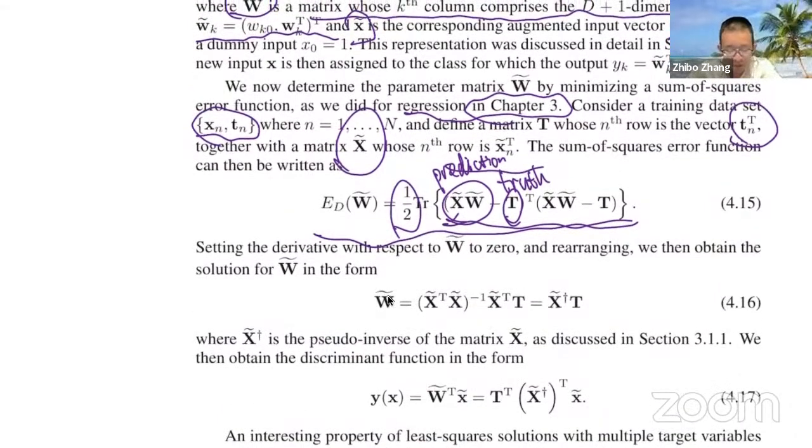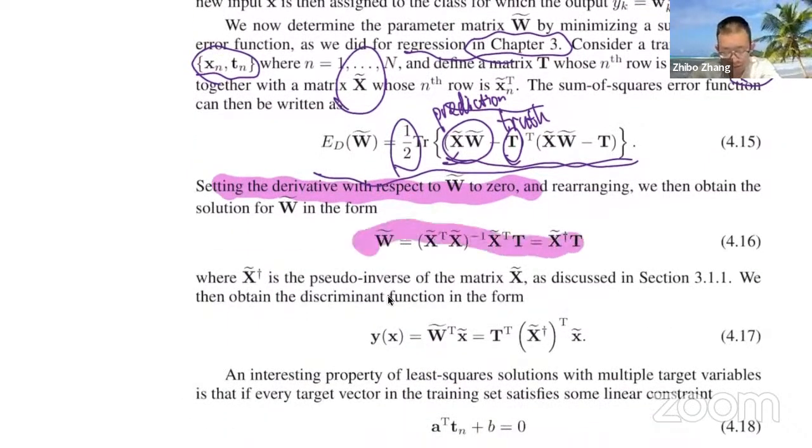So setting the derivative with respect to W to 0, normally we just do this in order to calculate the optimum, the minimum, right? And rearranging, we then obtain the solution for W in the form of this. This sounds very familiar, right?